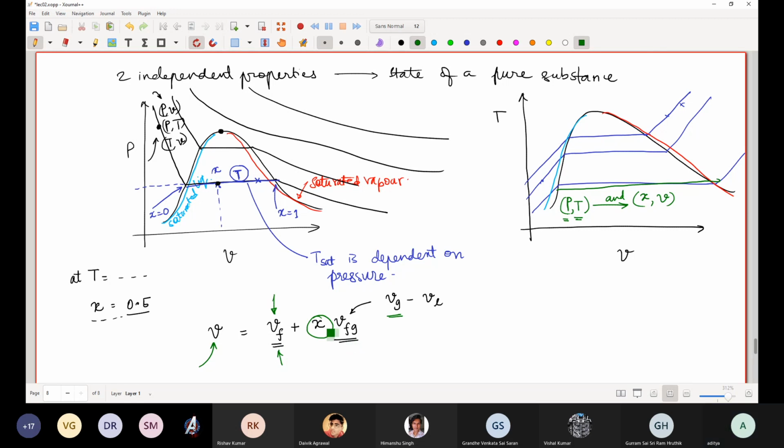So if the quality is known, then V can be found out with the quality and pressure or temperature, or conversely the quality can be found out with specific volume, pressure or temperature.